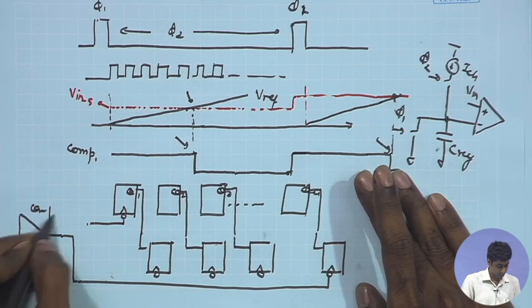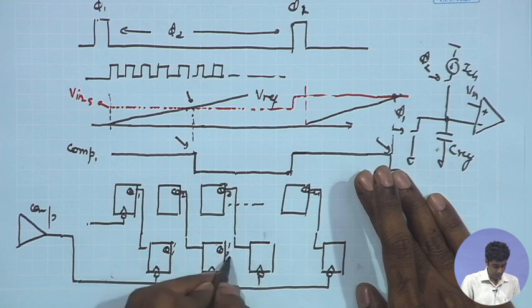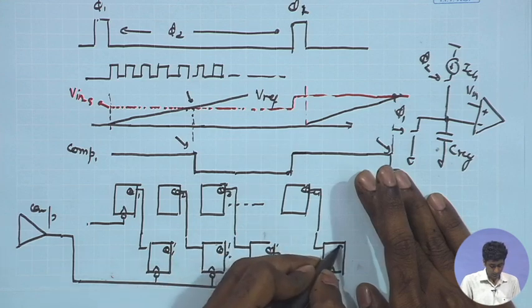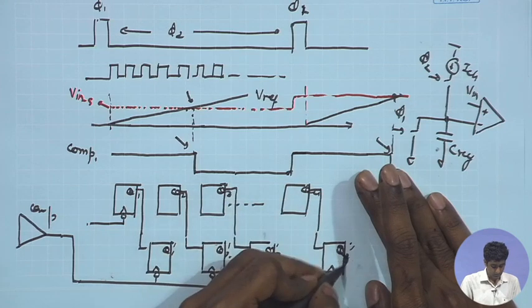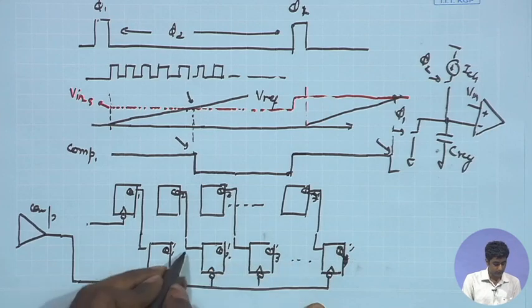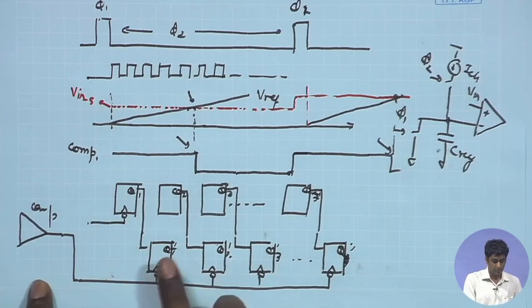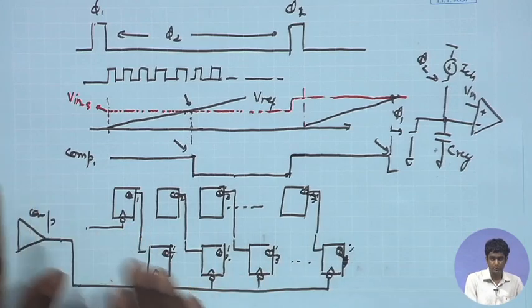And finally, I have Q1 dash, Q2 dash, Q3 dash, and Q7 dash. So, this is the scheme that we are going to have, and these are my final outputs Q1 dash, Q2 dash, Q3 dash and Q7 dash, which are available as the digital word for that particular cycle.